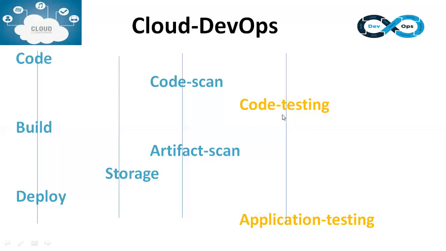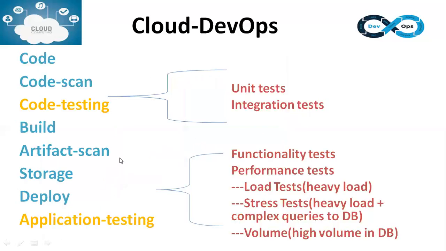I think code testing we already discussed as part of the build process. If you recall, in the build section we used Maven, and the Maven lifecycle has unit tests and integration tests. When you run mvn test and mvn integration-test, it will run these two tests.